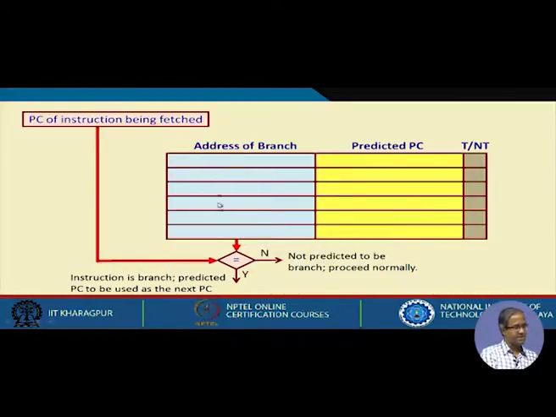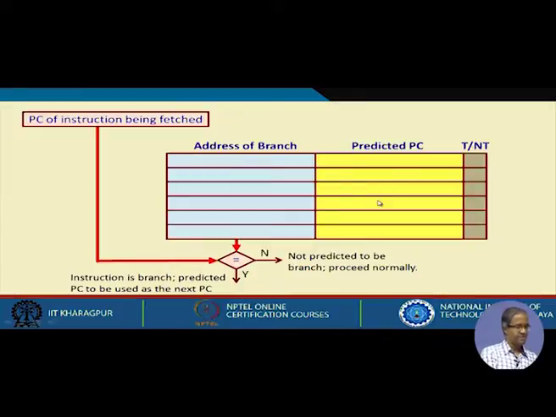But if it is not matching, then it is not predicted as a branch, and you proceed normally. And also there is a third field, taken or not taken. You keep this, so that if there is a prediction mismatch, you can update it.